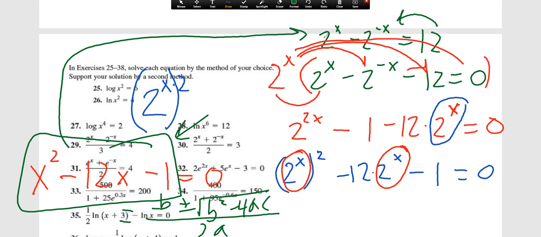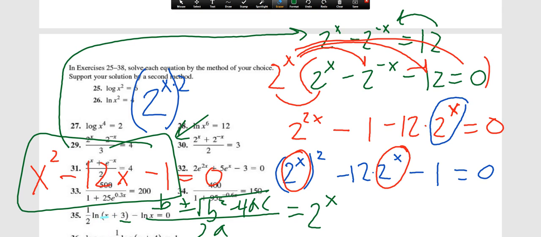What's over on the other side of the equal sign? It's always been an x. But that's what you did in Algebra 1 and Algebra 2. But we're saying that we're replacing this x with 2 to the x. So the quadratic formula is going to look something like that.